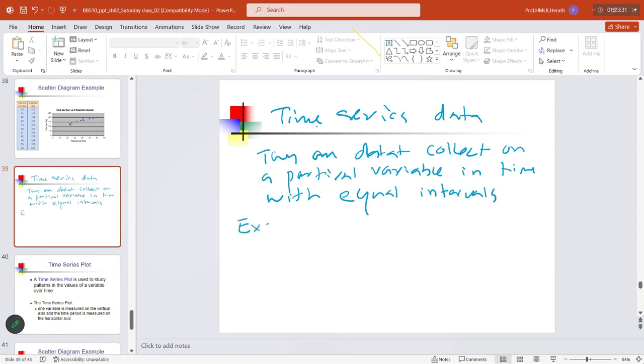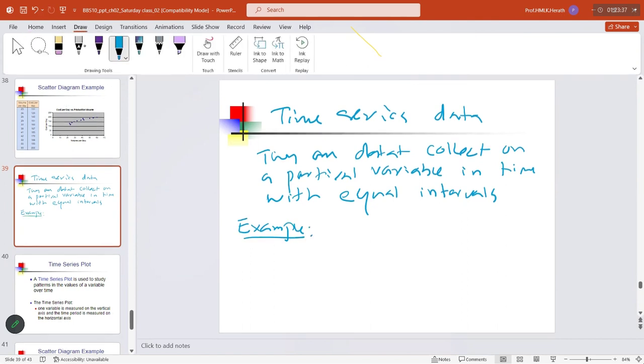There are a few things you want to understand here: on a variable, in time, equal intervals. These are the key points that you should understand.